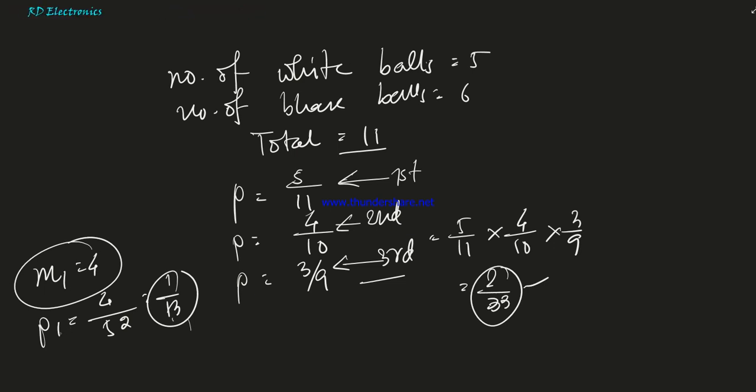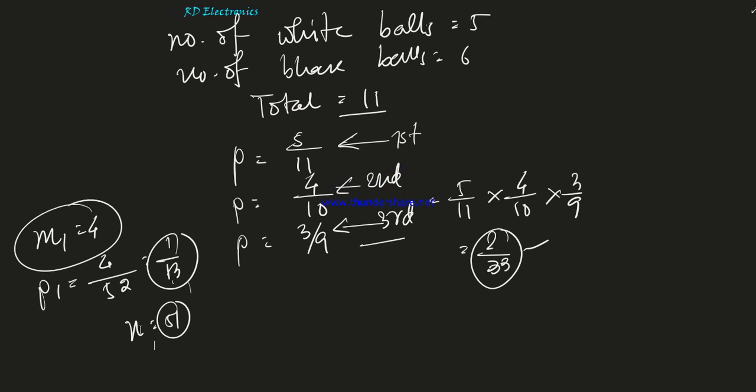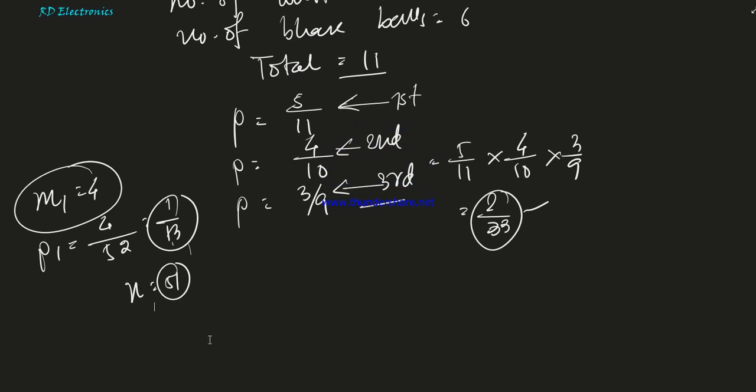Therefore the number of ways in which the second card will be drawn, n equals 51, because after one card has been drawn, the number of cards left is 52 minus 1, that is 51.